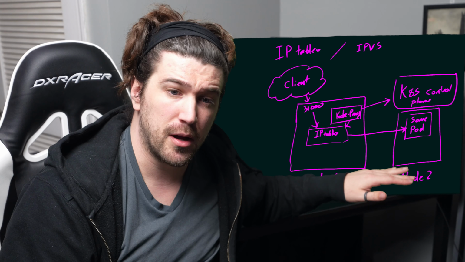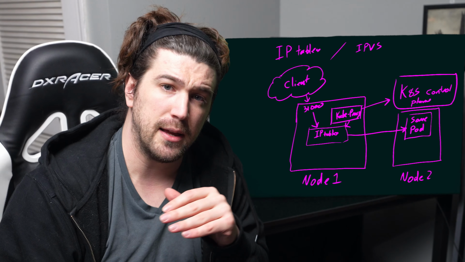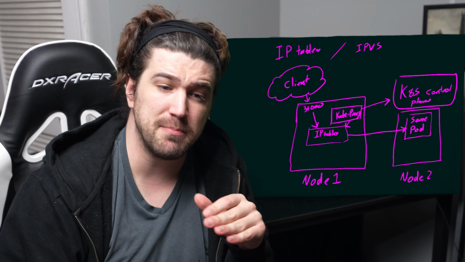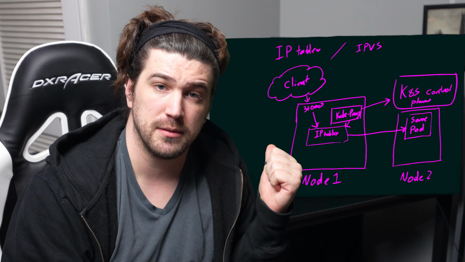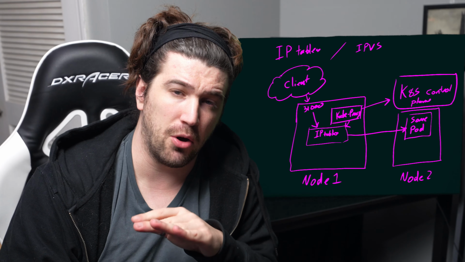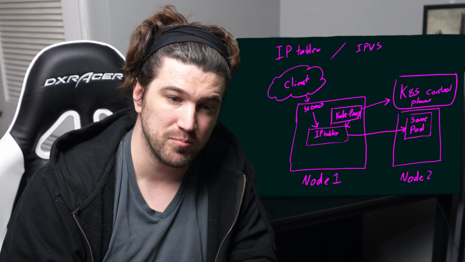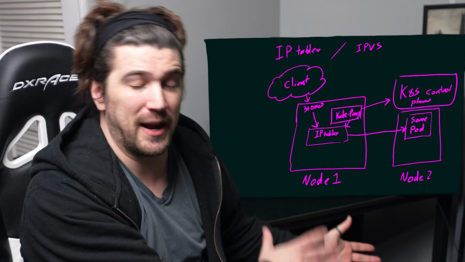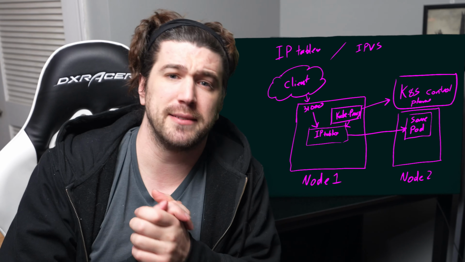So when you make a request on port 31,000, that is mapped to a service that is well known to this node. And this is how all of the proxying and all of the services in Kubernetes work. So now you know the basics for how Kubernetes services work, where they run, and how Kubernetes handles it.